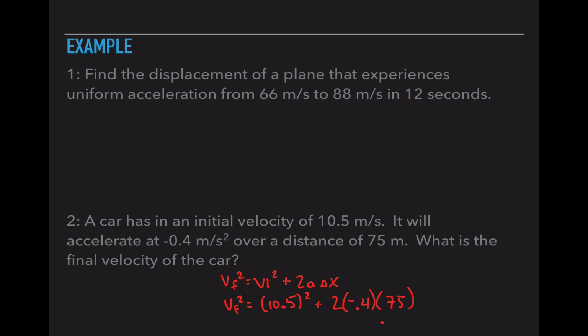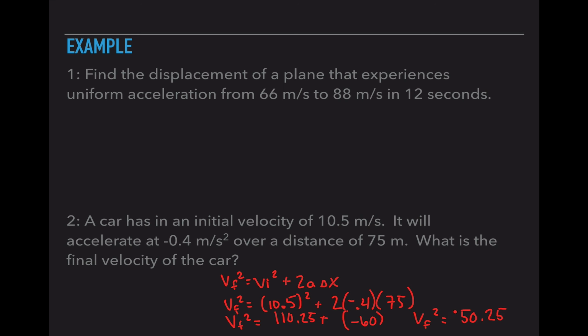So I'm going to do these calculations separately. 10.5 squared is 110.25. And 2 times negative 0.4 times 75 is negative 60. So we're going to combine those two numbers to have a value of 50.25.